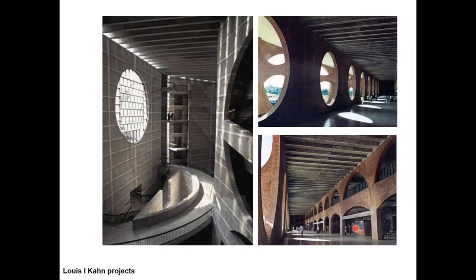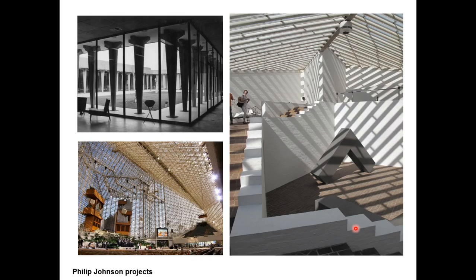Again, we have Louis Kahn, who is also an architect who, we say, knows the essence of light, and he has provided a lot of windows and structures which give you a lot of form which reflects the light. We have Philip Johnson. Of course, we know that he plays with glass.